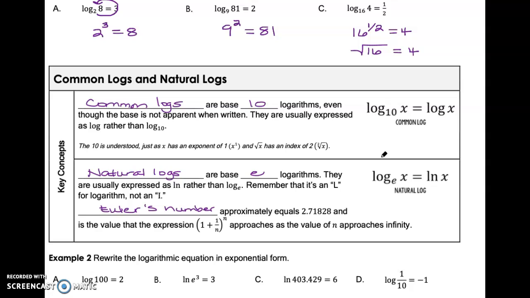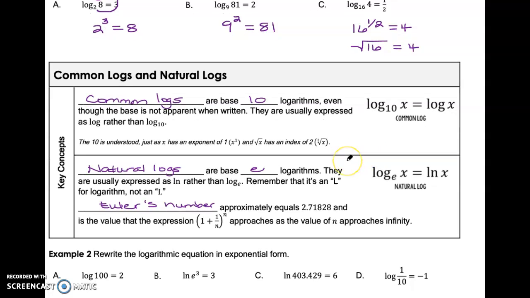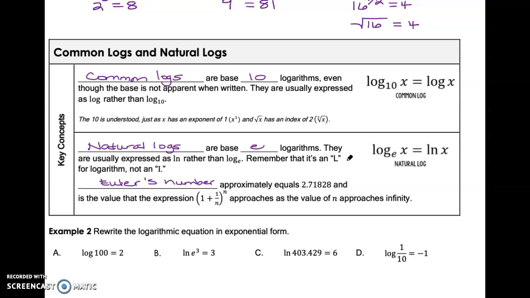When we write a common log, often it's not written. So it's just kind of an understood, like if we had a coefficient of 1 in front of a variable, it's understood that it's a 1 even though we don't write it. So a common log with a base of 10 is just understood that it's a base of 10. So if there's not one written, you know that you have a base of 10.